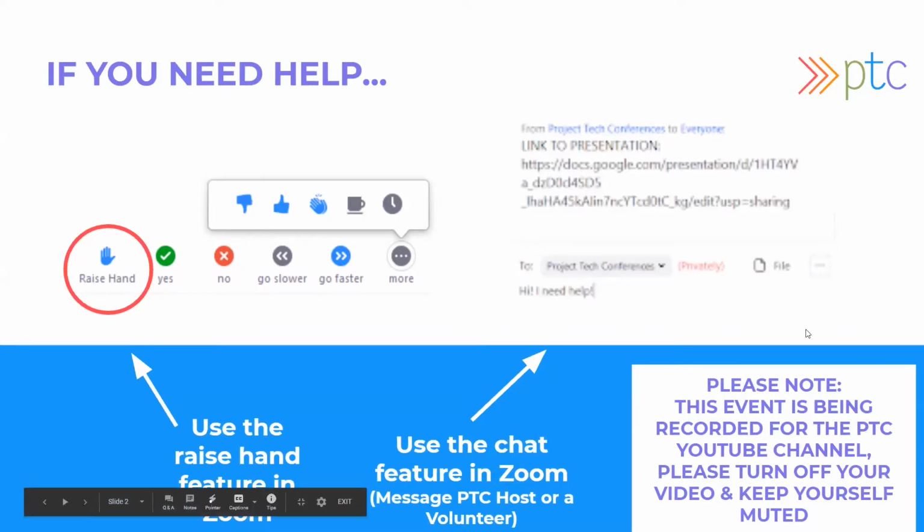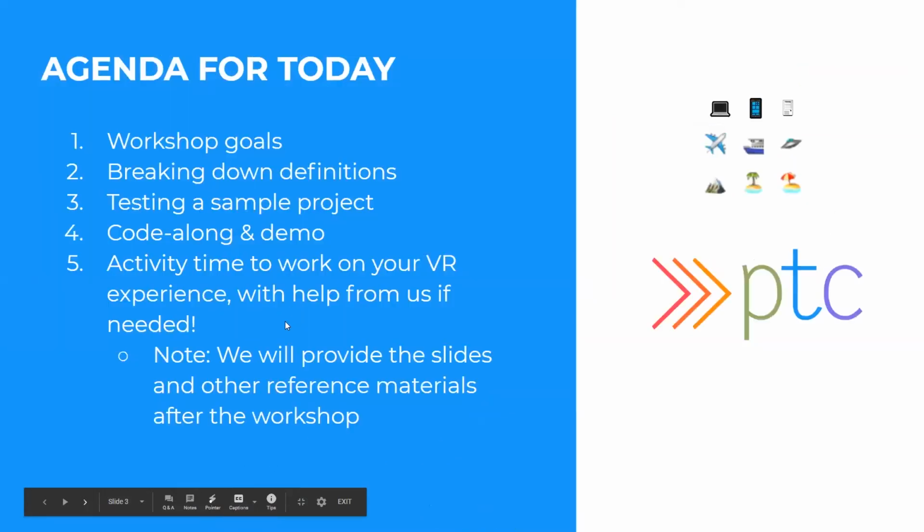So we're going to be going through our lesson breakdown for today, and what we're going to start off with is our workshop goals. Next, we're going to be breaking down some definitions. We're going to be testing out a sample project just so you guys can get a chance to experience WebVR and what it feels like. Next, we're going to have a code along and a little bit of a demo so that you guys can have a feel for changing attributes and aspects of a WebVR project.